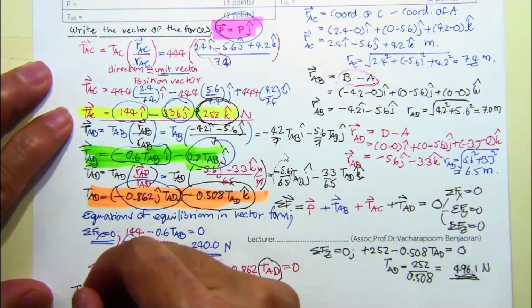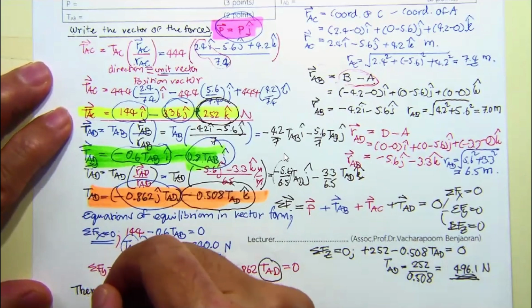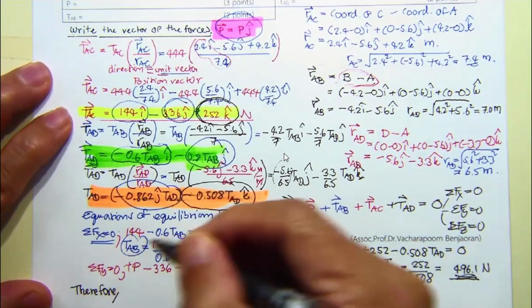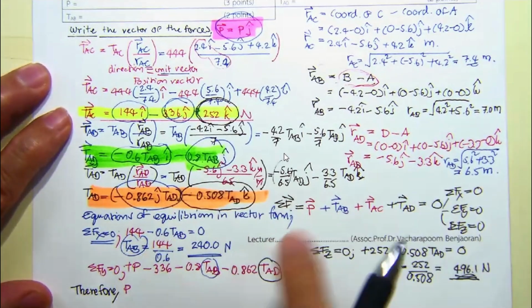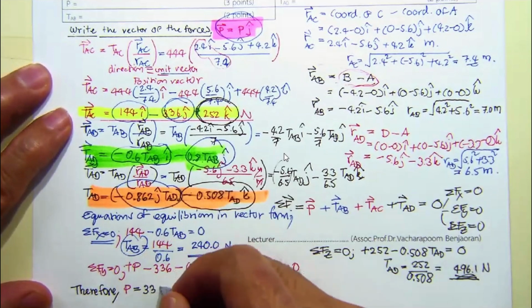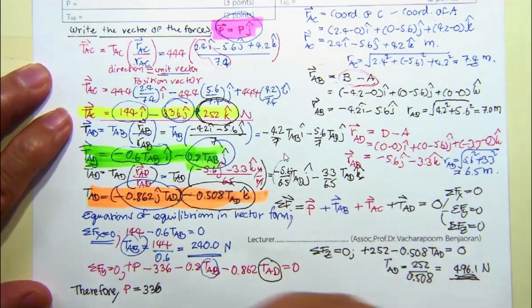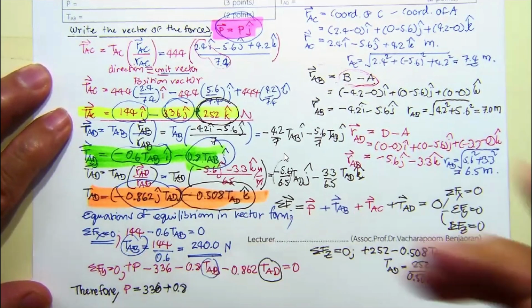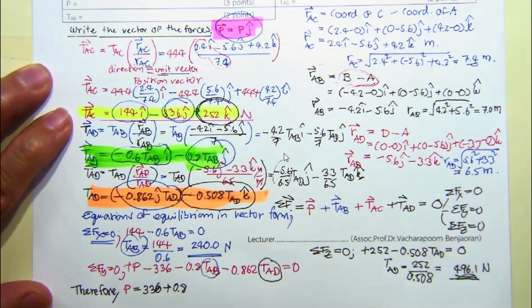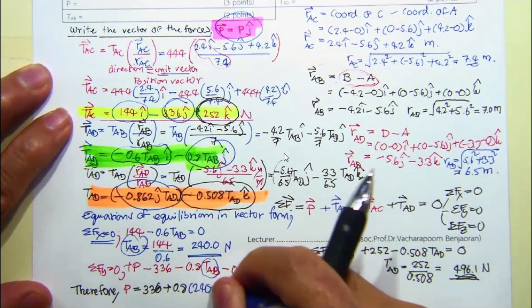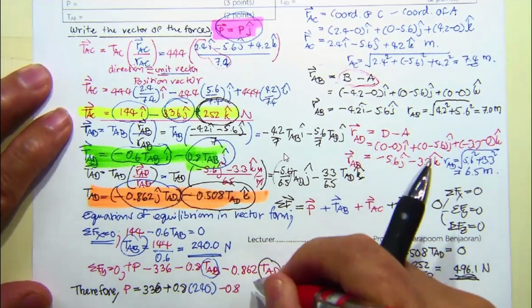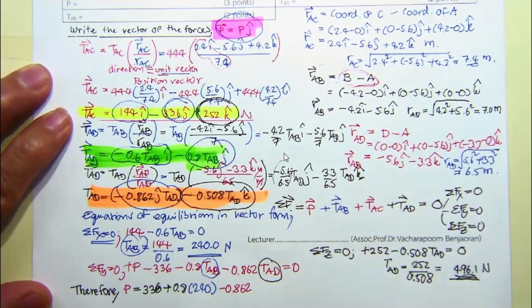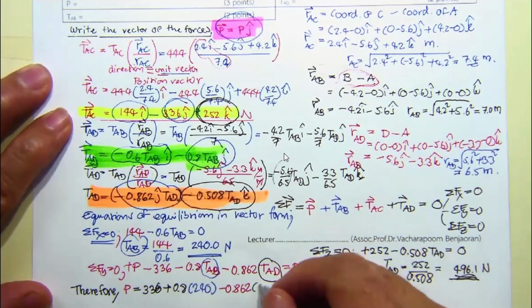Okay. So, therefore, P, your P. Take this one to the right. 336, and plus 0.8 times T sub AB, and then minus 0.862 times 496.1.